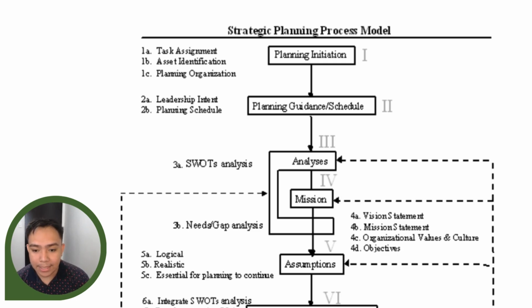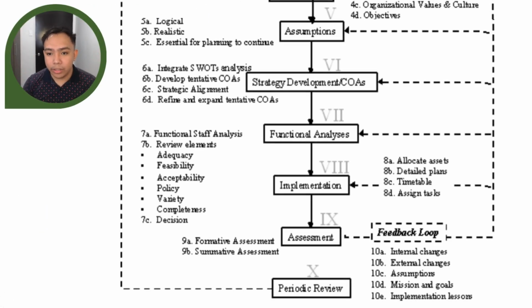It includes analysis and mission, and of course the rest, which we're going to talk about in the other videos. Let's focus more on these 4 phases: the planning, and then the analysis and mission. These are the rest of the phases from 5 to 10, which include the implementation and the feedback loop from that as well.